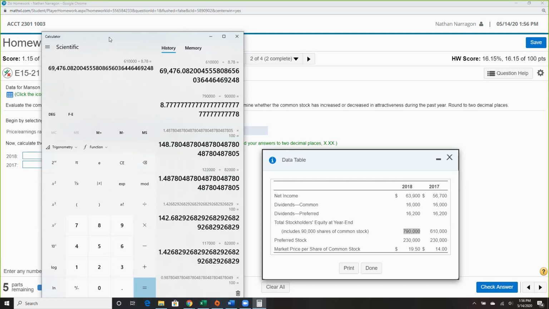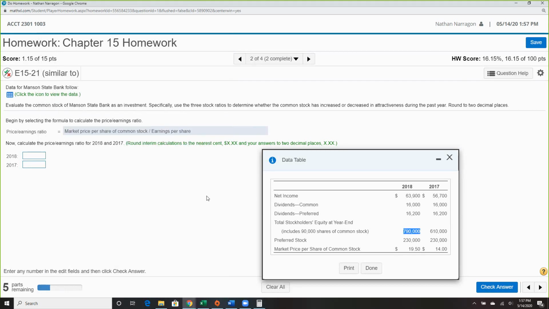Because if they're just going to use 90,000, okay, we're going to take the 90,000 first and see if that's what's going to give us the answer. But I think they don't want to make it that overly complicated. Alright, so we're going to take net income for 2018. We're going to verify what's going on.